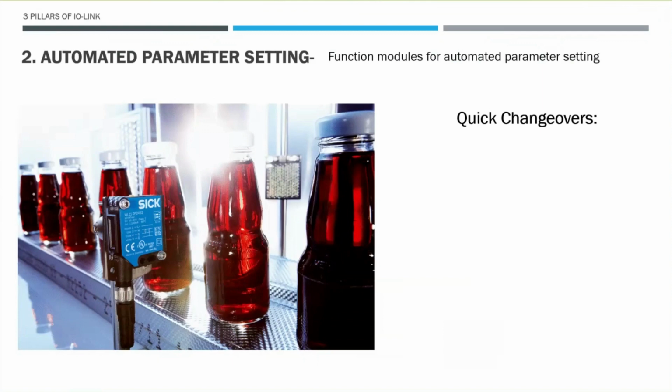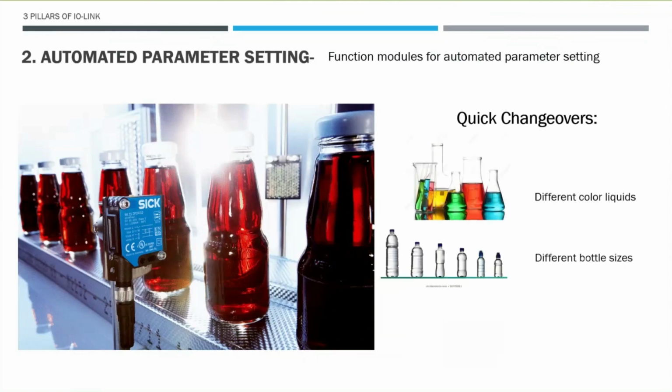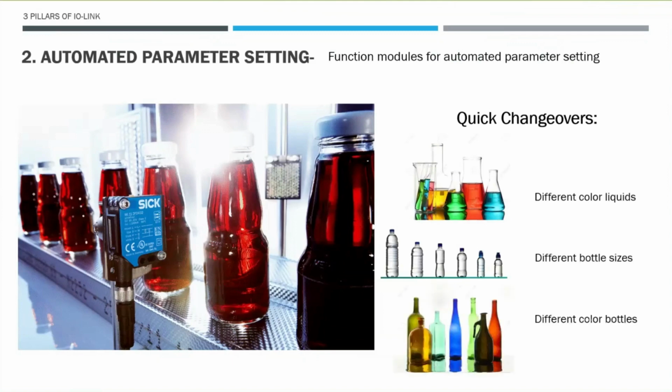But what happens if you have a sensor and you have to run various different products? You have a different color liquid. You might have different bottle sizes, or you are even running different colored bottles. I mean, these are so many changeovers, and it's a really daunting task to go there, press buttons. And again, if you're pressing buttons, you are prone to errors.